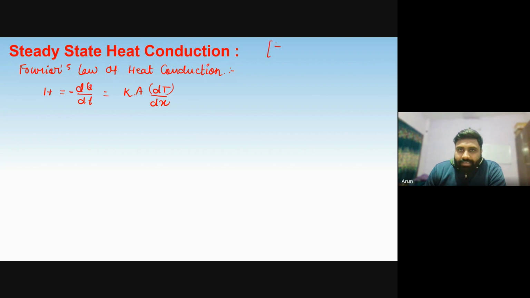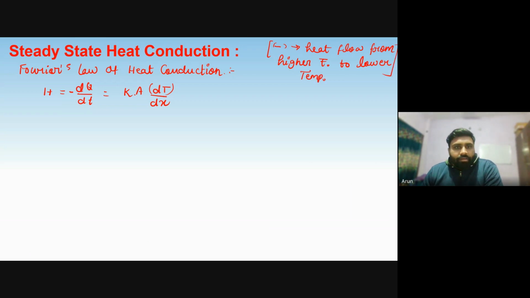So for the minus sign, you will remember this thing: heat flows from higher temperature to lower temperature. So this is the Fourier law of heat conduction.